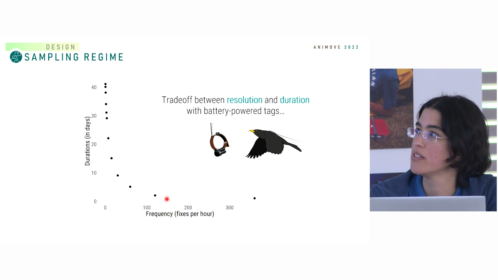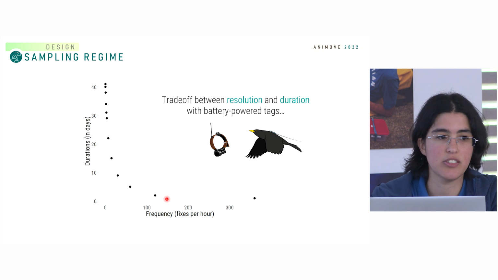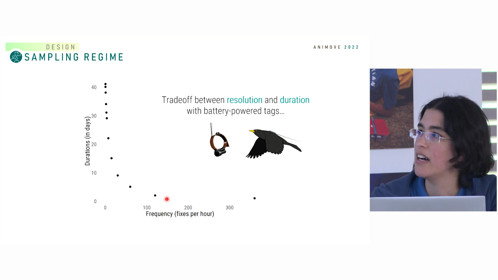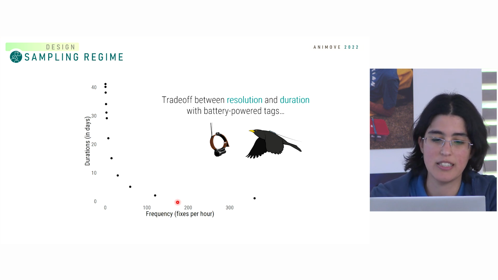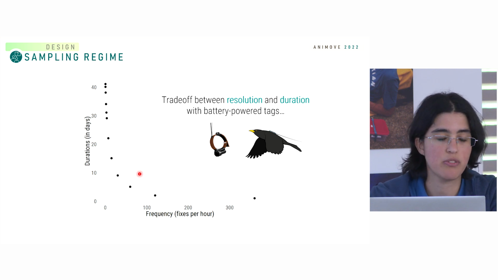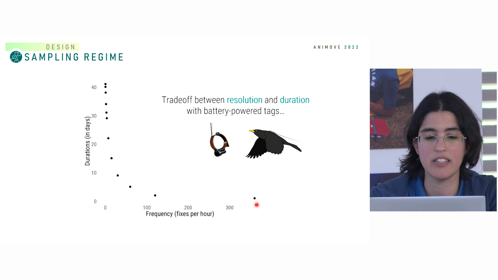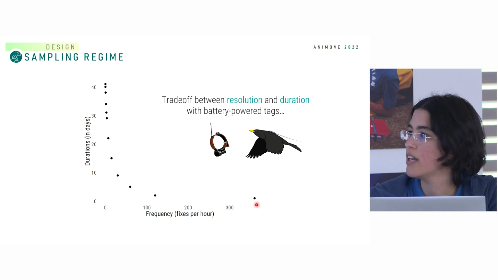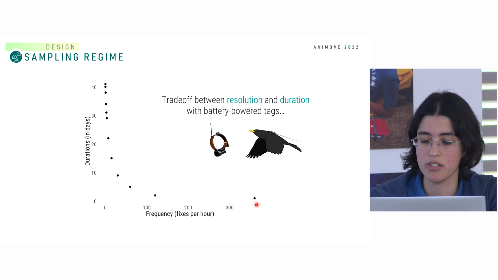This is just the typical process of the battery functioning of any sort of GPS device. So if you are somewhere on the scale, you want to know, do I prefer low resolution but high sampling duration for my question, or do I want to go further here and have high resolution and low sampling duration for my question?